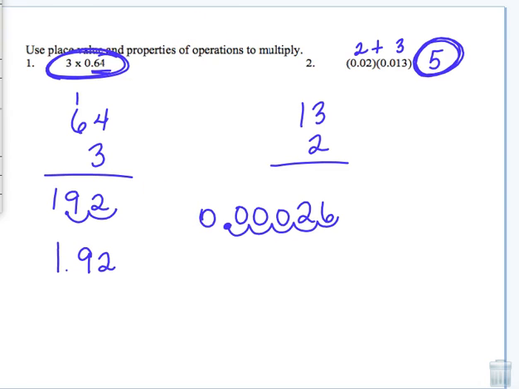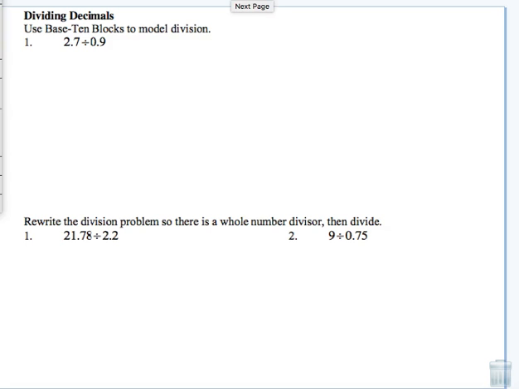On the next problem, we're going to talk about decimal division, but we're going to talk about describing it as far as base 10 blocks again. So I have 2 7/10, and I want to divide that into groups of 9/10. So basically I need to define what my cubes are going to represent. Here is my smallest place value. So on this one, a cube is going to represent a 1/10.